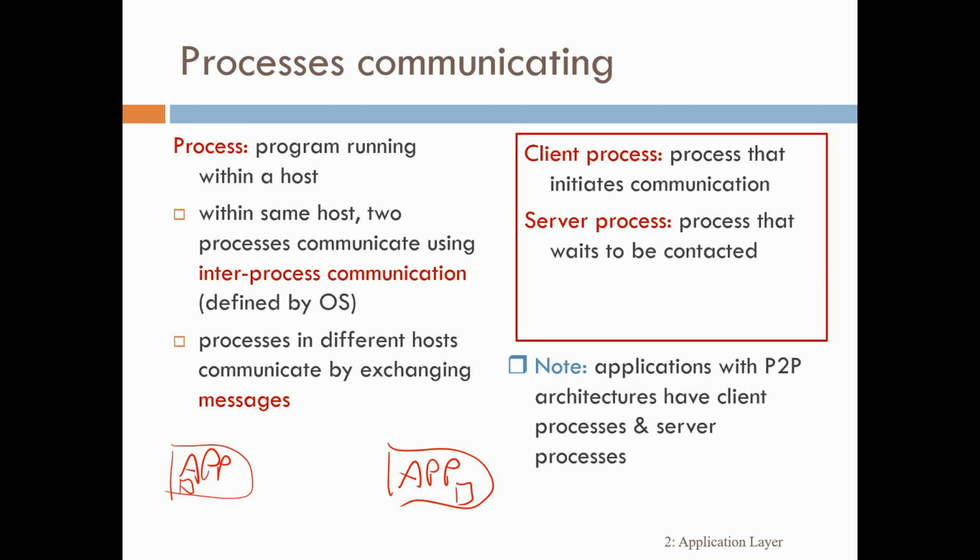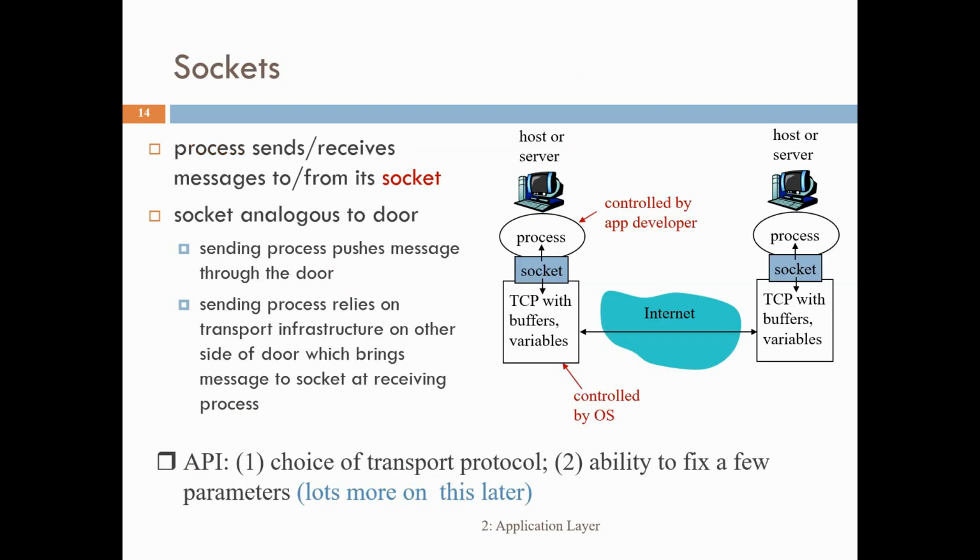For example, when you open your browser and you open a new tab and you download a page on that tab, the tab is a process. Okay, and this tab is communicating with a similar process at the server. The server will actually be able to handle several requests simultaneously from different clients. And so your tab at your browser will be communicating with a process at the server to obtain the content from the server.